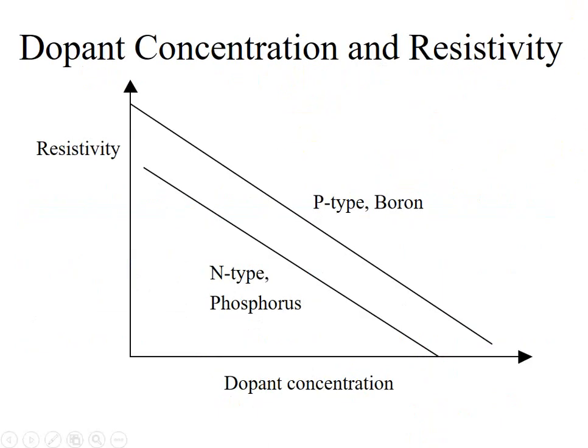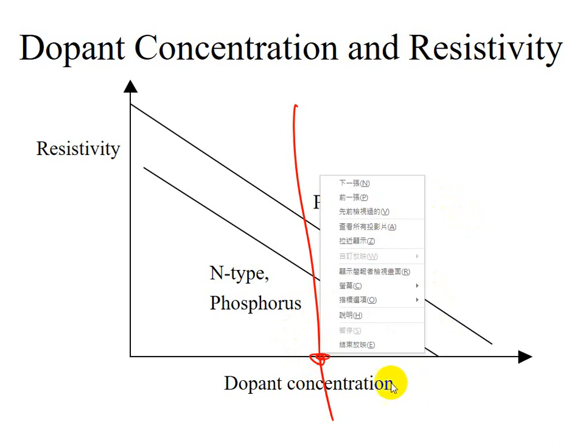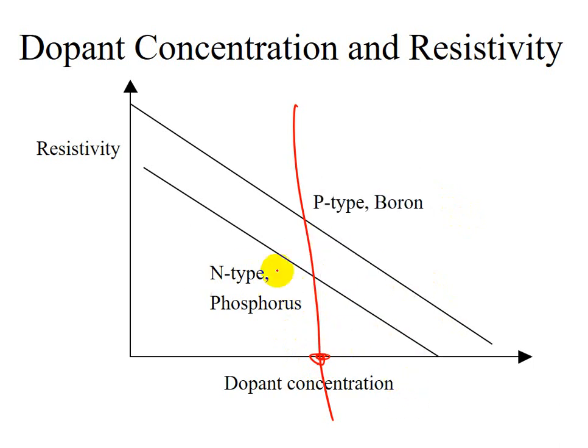So after introducing the elements, let's see. If we have a specific concentration of dopant for N-type silicon, that means arsenic, then you will have a resistivity somewhere here.